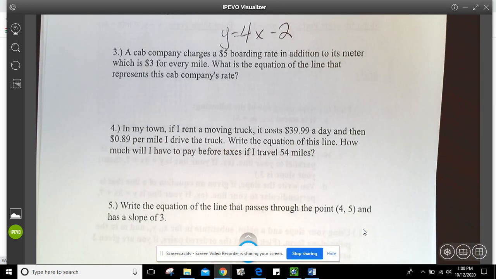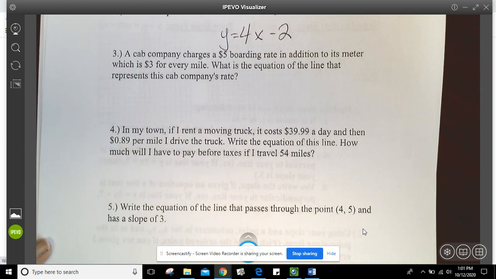For number 3, it says a cab company charges $5 for a boarding rate, in addition to a meter, which is $3 for every mile. What is the equation of the line that represents this cab company's rate?